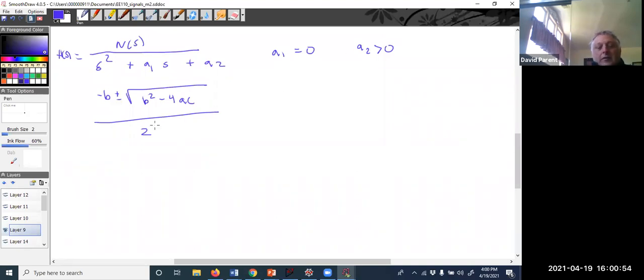If a1 is 0, this is 0, this is 0, and we're left with plus or minus the square root of a2 j. Yeah, the sign cancels out. So we have a pair of complex poles here at plus a2 and minus a2.